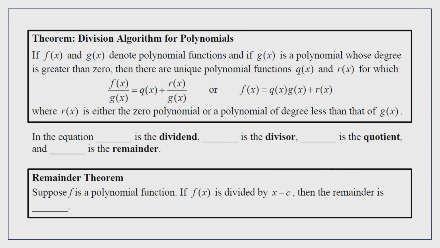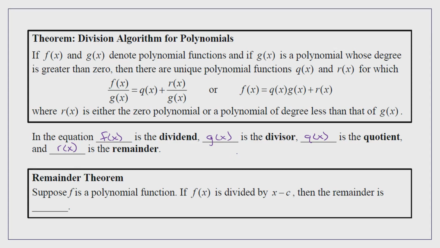In the equation, f of x is the dividend, g of x is the divisor, q of x is the quotient, and r of x is the remainder.